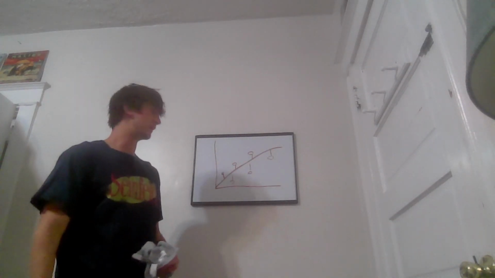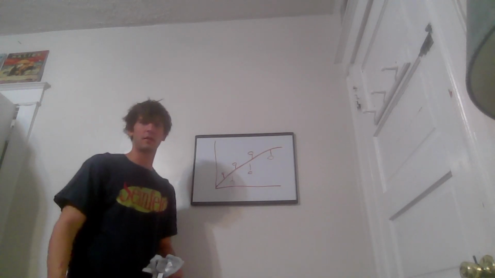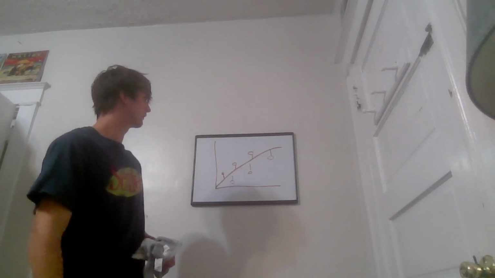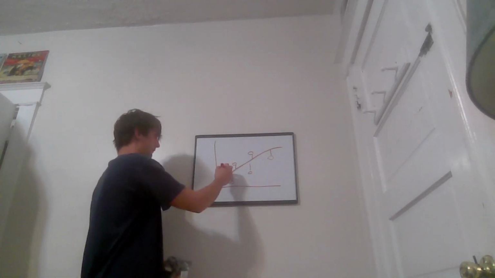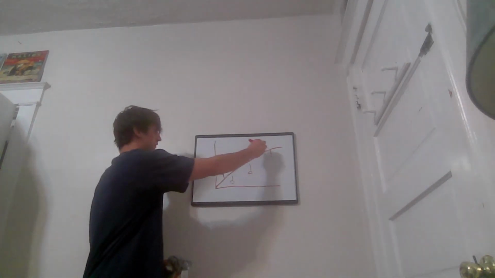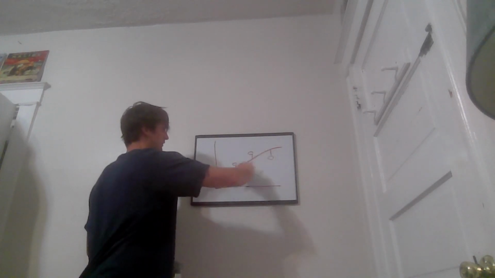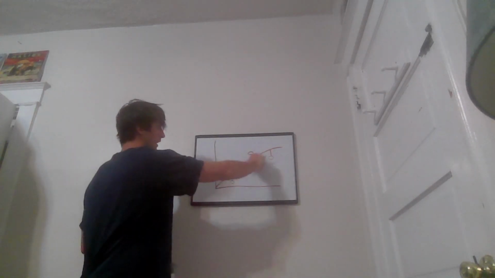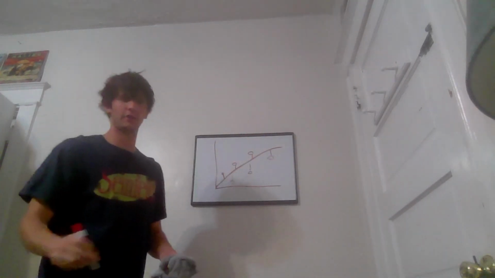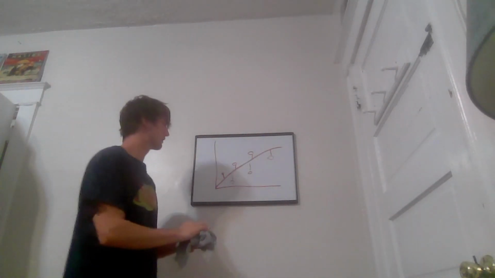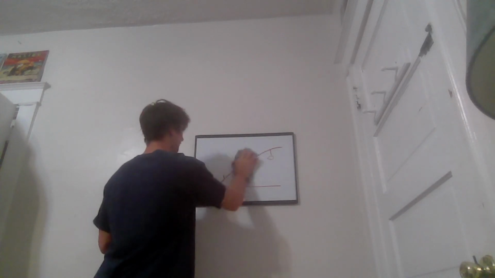The way we're going to do this is by making what's called a sum squared error. This takes the small deviations from the graph and makes them closer to the line that we've made, the regression.